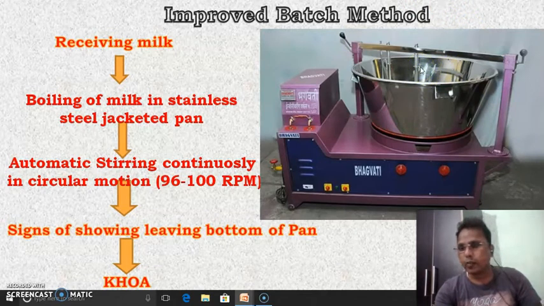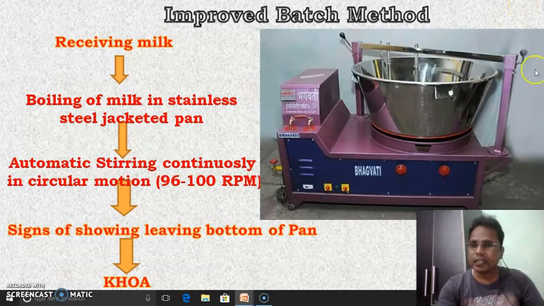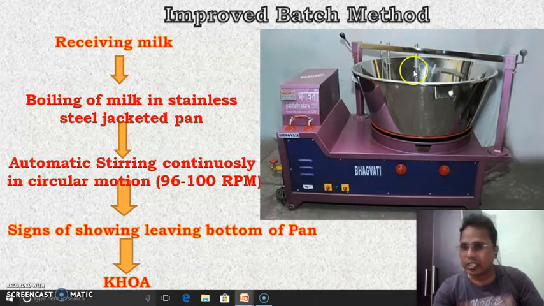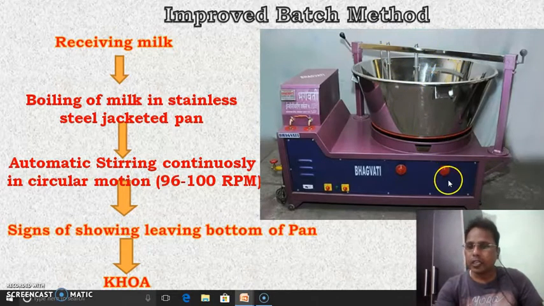So instead of a human being, the mechanical scraper is given here. The milk is taken, and when the machine is started, these scrapers start to move, and continuously heating is provided from this side.